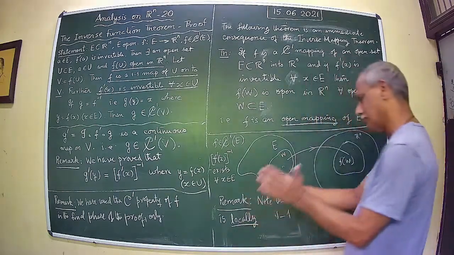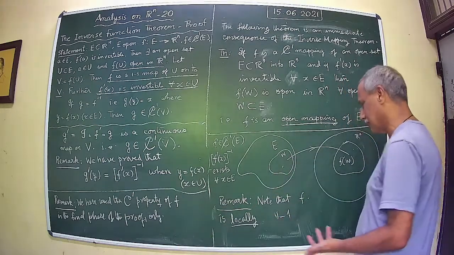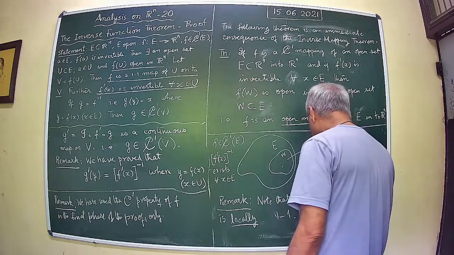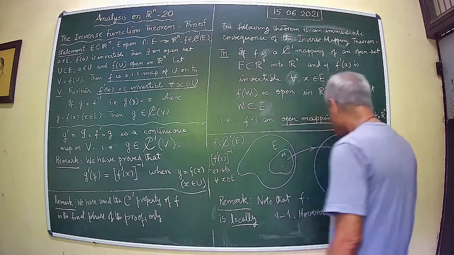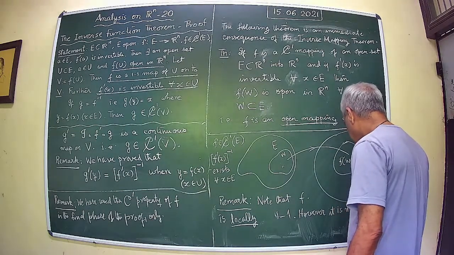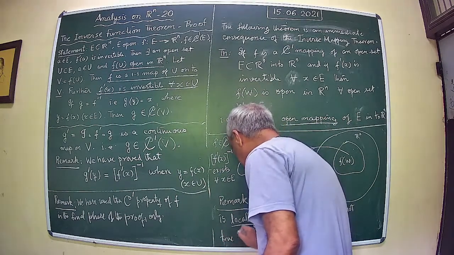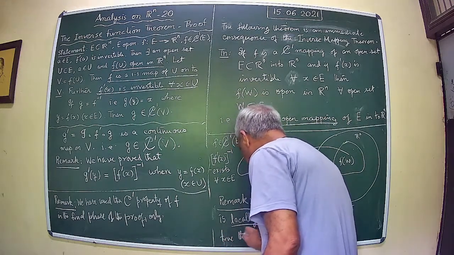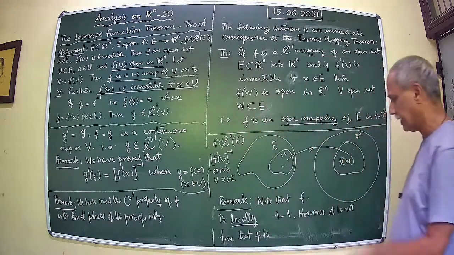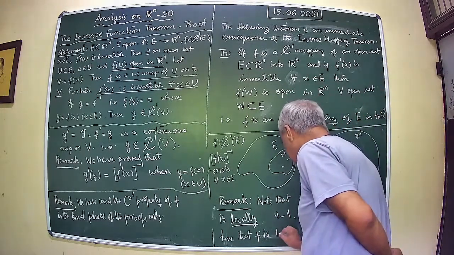Okay, so you have U and V and the inverse exists. That's what we do. However, it is not possible to conclude that F is one-to-one globally.